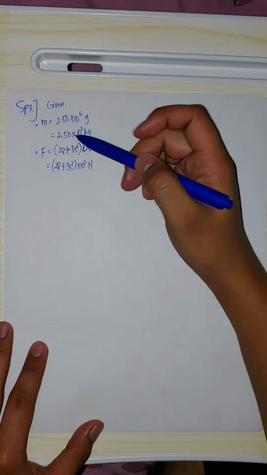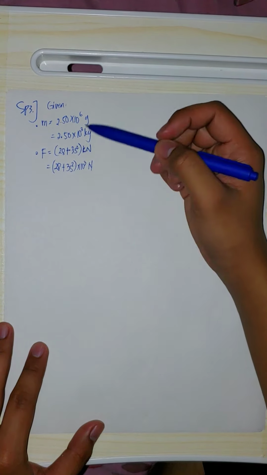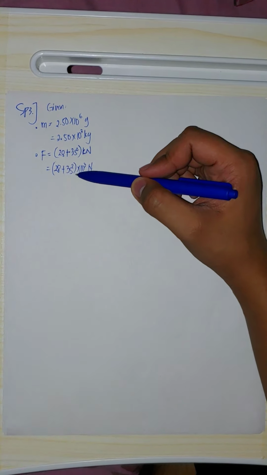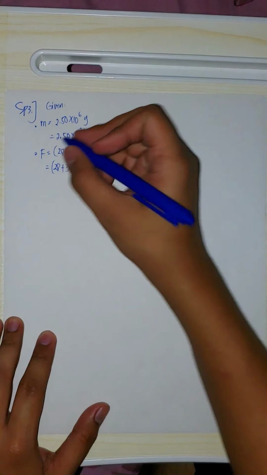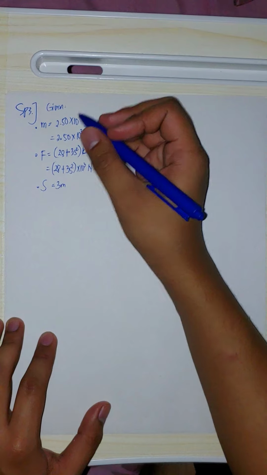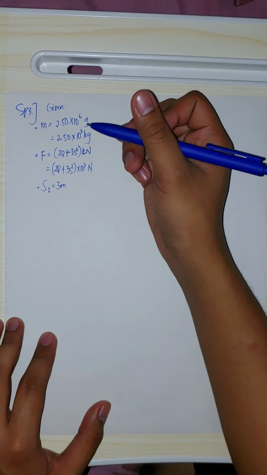So if you notice, the force here is a function of the distance s. We have s at 3 meters, that is our final position. Let's name that s sub 2.